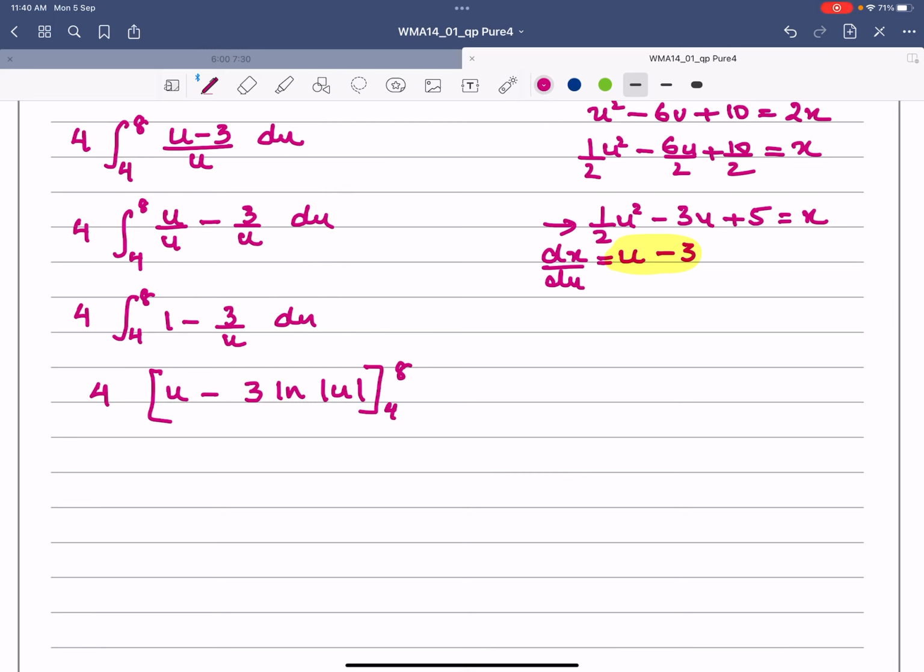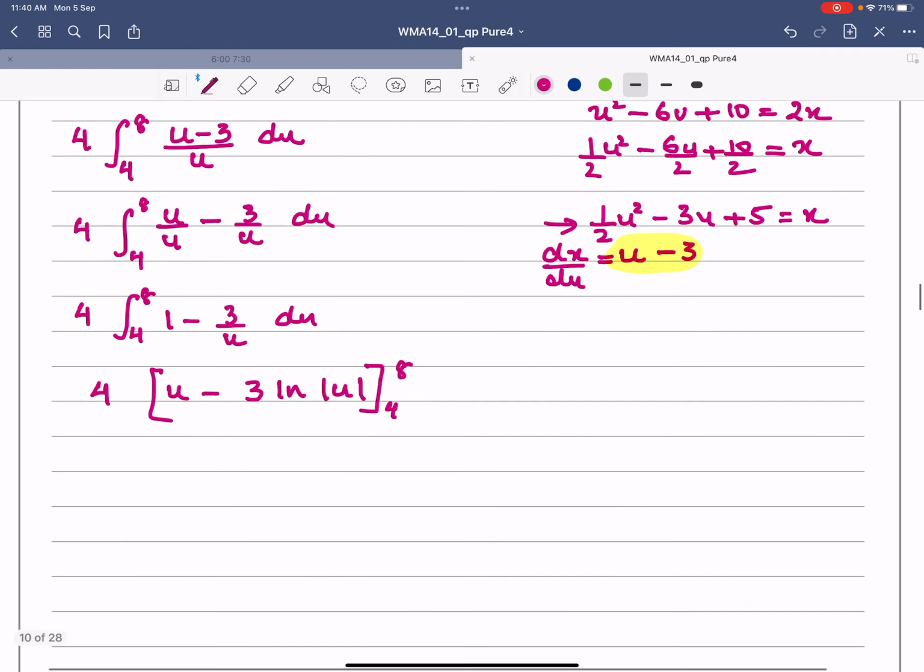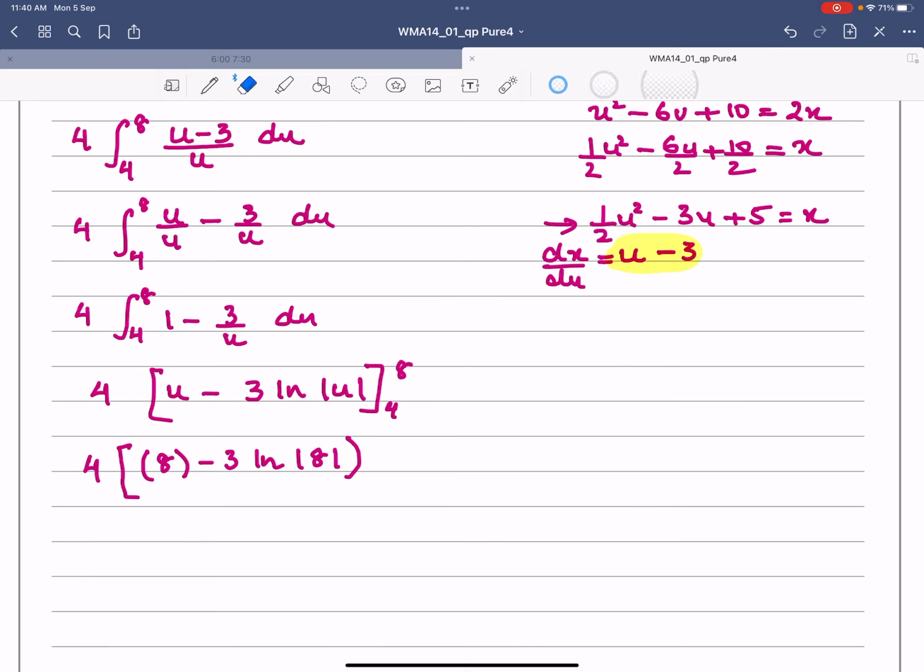Now we do the subtraction by plugging in the value of our limits. So we have 4, and u will be substituted by 8 in the first place. 8 minus 3 into ln 8, and I'll remove this bracket from here. All right, and then subtract.